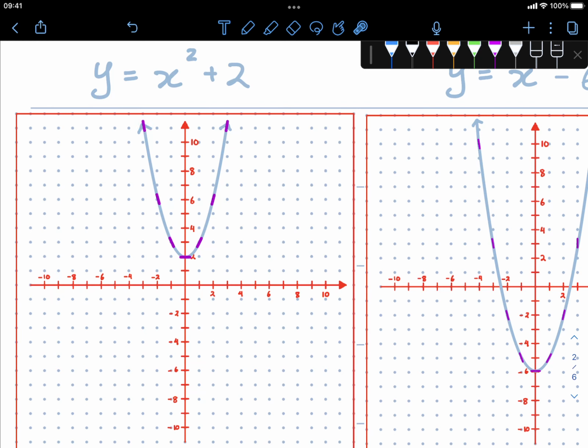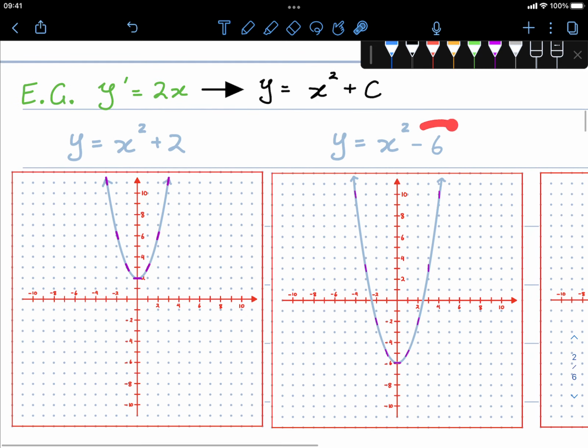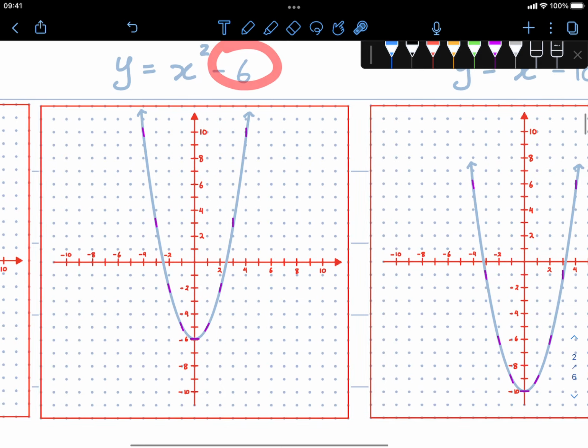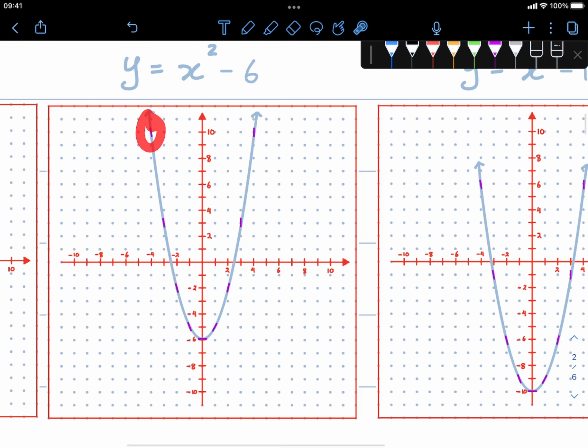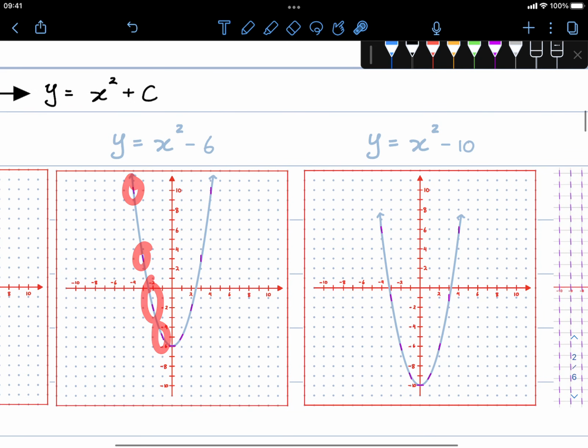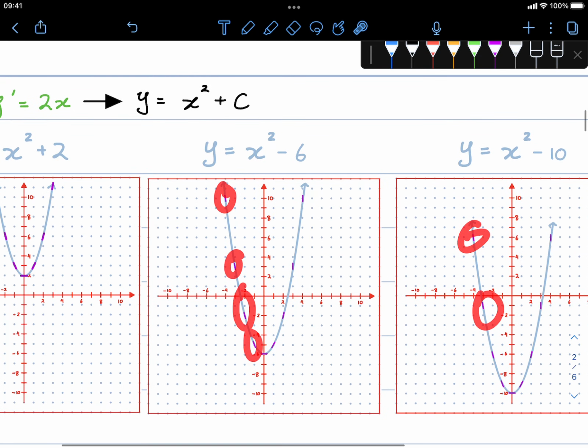This here is the tangent at x equals -2, tangent at -1, tangent at 0, which is horizontal, and so on. If c were -6, you'd move all the way down here and draw tangents once again. And if it were -10, I'd draw tangents once again.